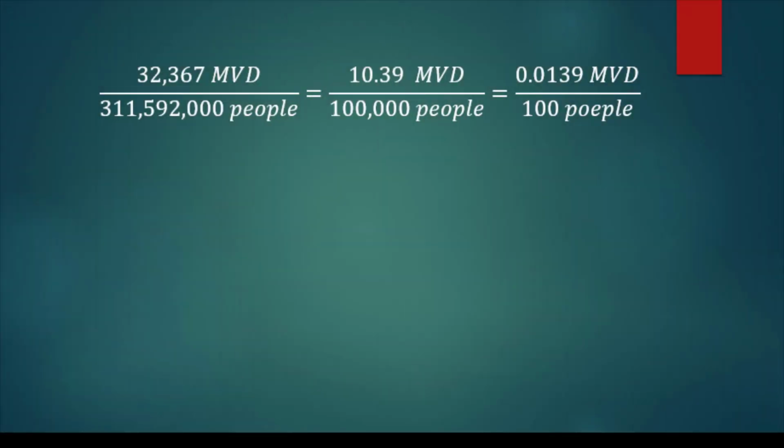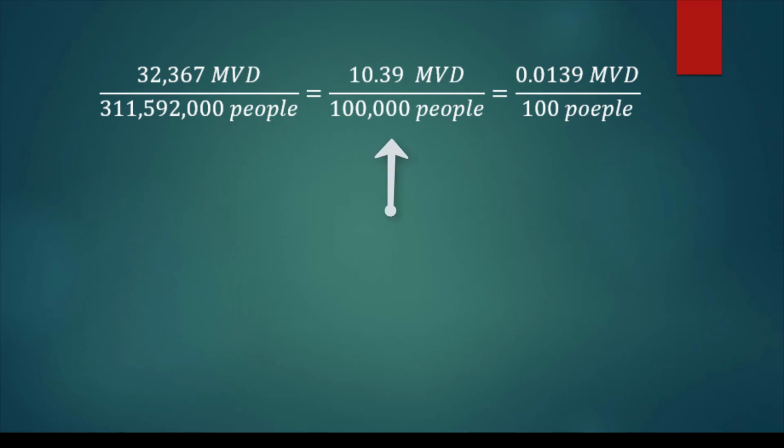So here are the three ratios that we've been dealing with. The first ratio is hard to compare to other years. The ratio over 100 is almost unintelligible. I mean, what does 0.0139 people mean?